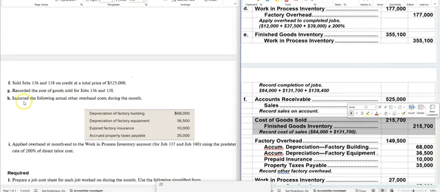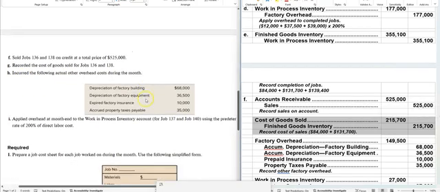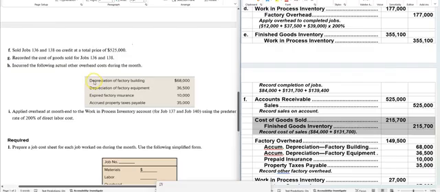In H, we incurred some more actual overhead costs during the month. Depreciation on the factory equipment and building, factory insurance that expired, which means we used up some prepaid insurance, accrued property taxes payable. We owe some property taxes.